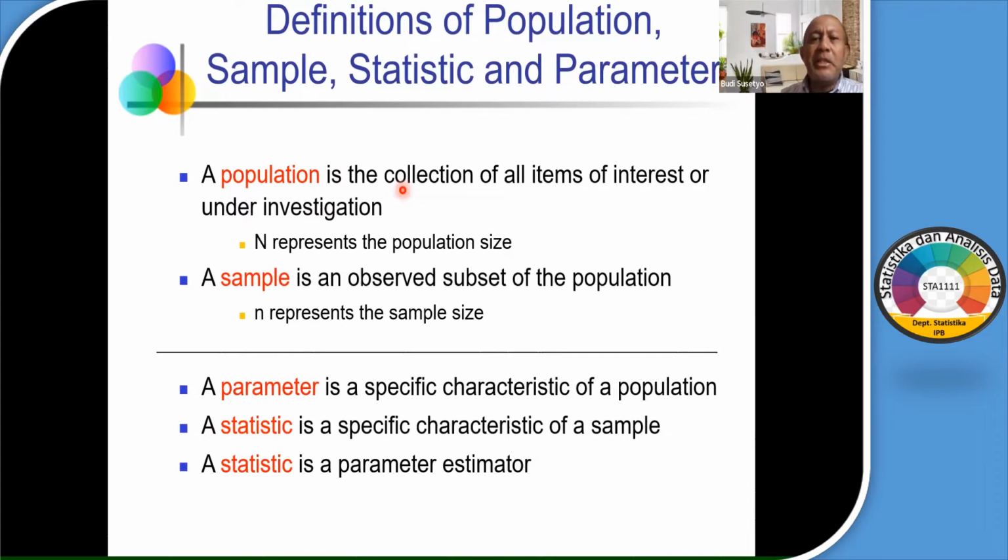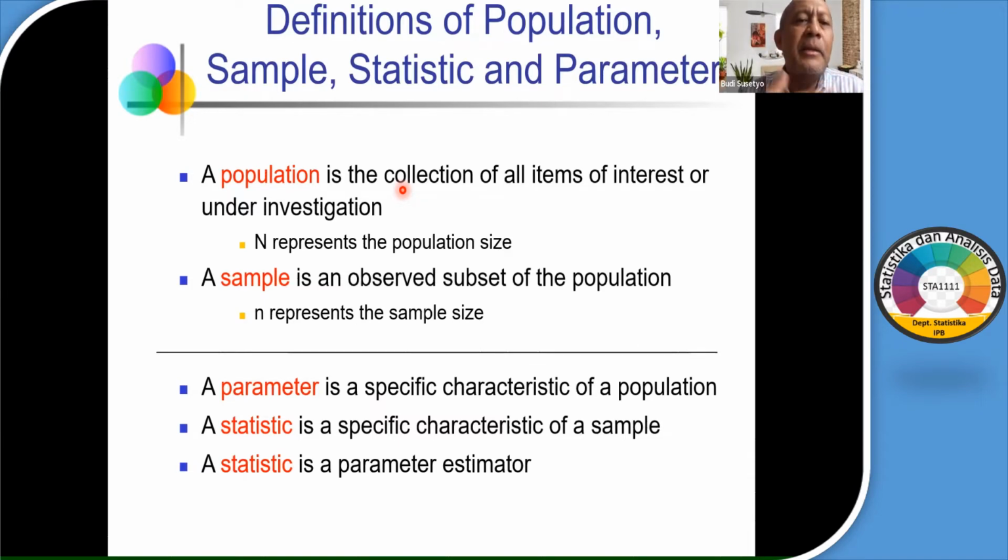The definition of population is the collection of all items of interest or under investigation. Who develops or who defines the population? Everybody may make a definition of population. For example, I define the number of students in the first year of IPB University as population.